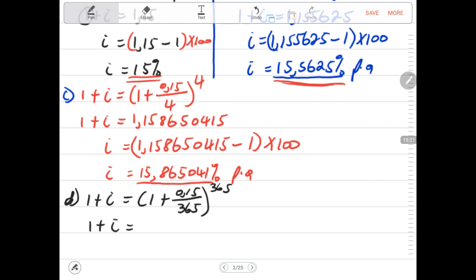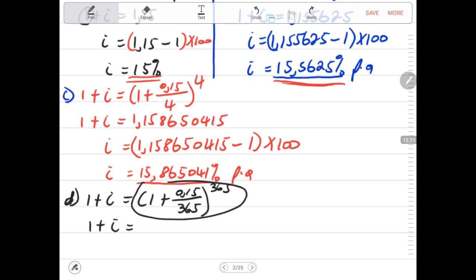Then again, we just deal with this side of the formula. How do we deal with that side? We say open brackets 1 plus 0.15. Make sure that your interest is always in decimal whenever you use the formula. Divide by 365, close brackets, second function dip 365 equals.